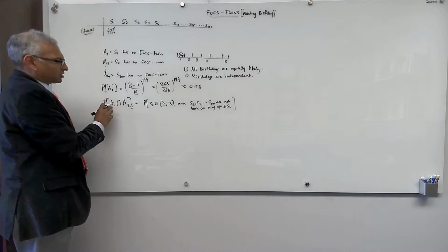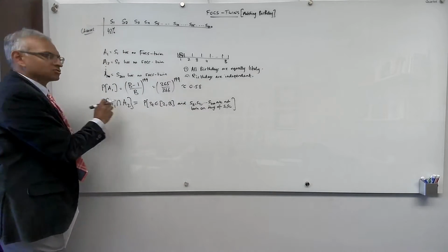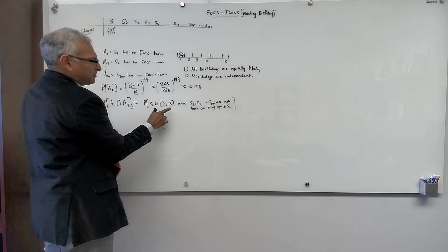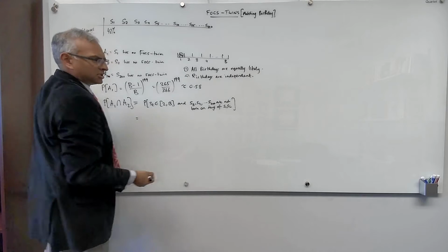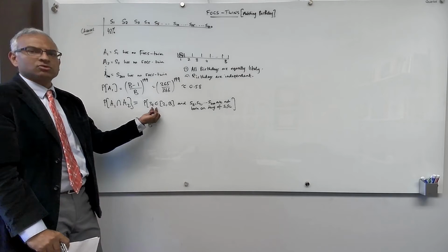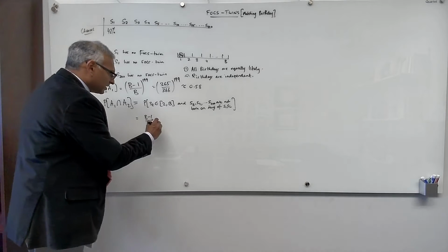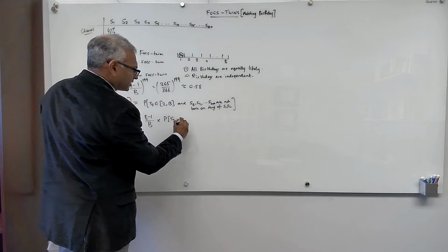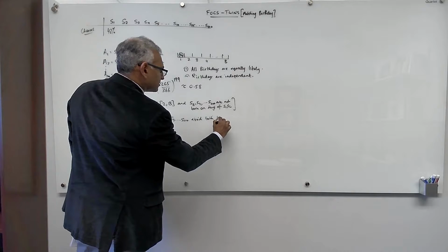Student 2 cannot be a FOCS-twin of student 1, and it must be the case that all the other students are not FOCS-twins with either student 1 or student 2. This is because these birthdays are independent of this student. This is the probability that student 2 is born on the days 2 to B, so that's B minus 1 over B. We just computed that probability. There are B minus 1 outcomes available for this student's birthday, out of the sample space of B, times the probability that S3 to S200 avoid both these birthdays.